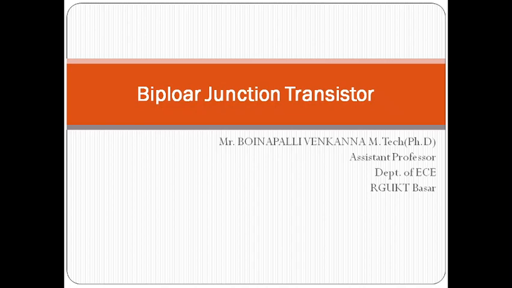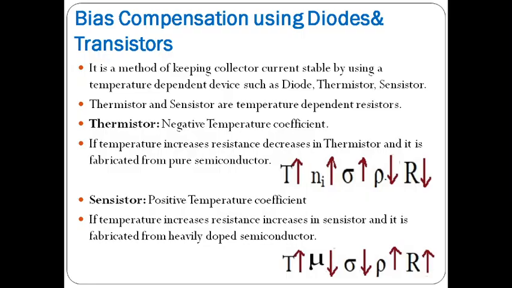By using these temperature sensitive devices, we try to keep the operating point or collector current constant. The collector current is stabilized by using temperature sensitive devices like diodes, thermistors, sensistors, etc.